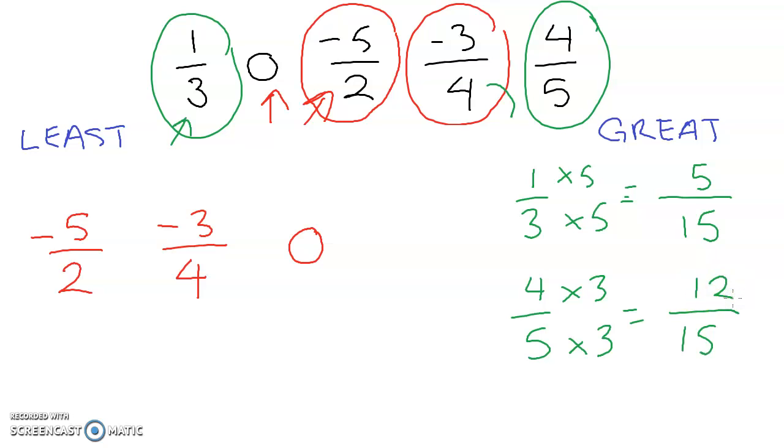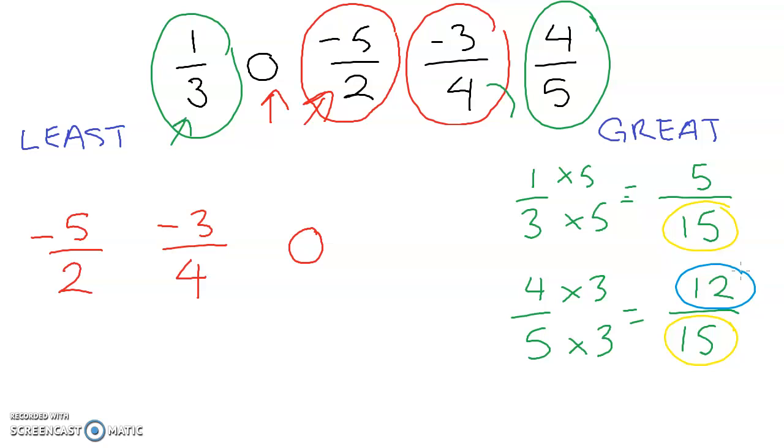So now that I have a common denominator here, I can compare the two top numbers. So which one of those fractions is going to be larger? Which top number is larger? Is it going to be the 5 or the 12? If you guessed 12, you are correct.